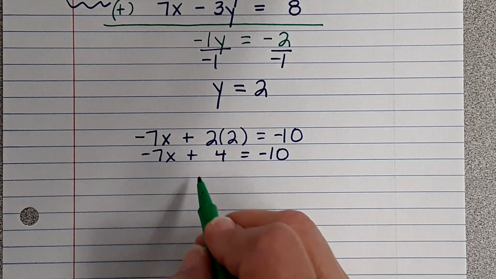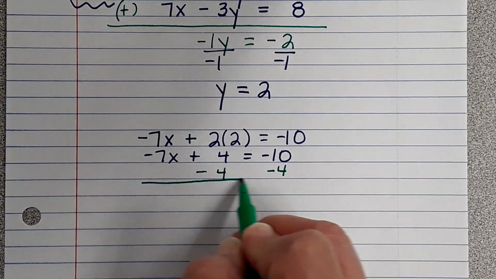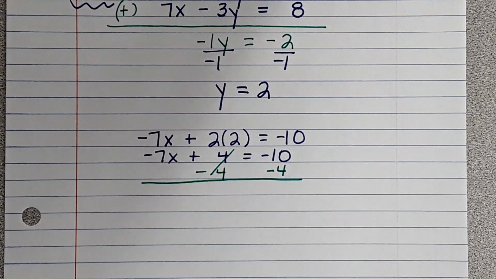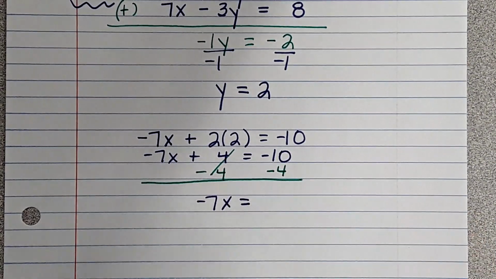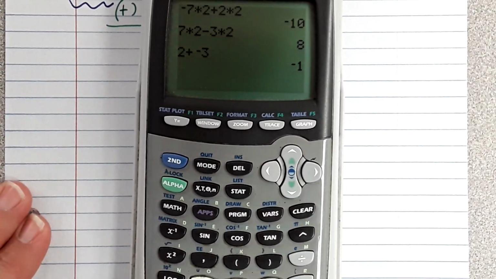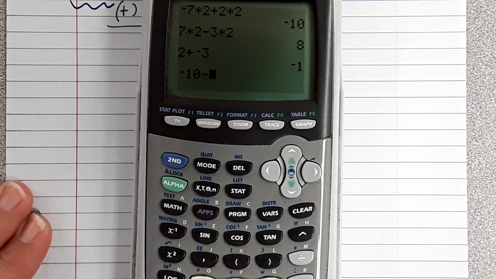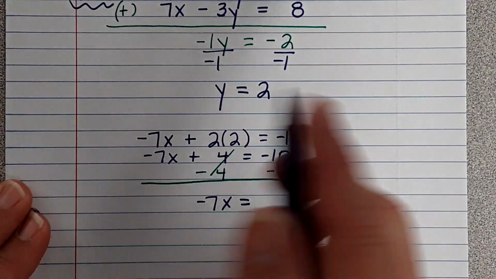Subtract 4. Negative 10 minus 4. You guys put it in your calculator just like that. Negative 10 minus 4 is negative 14.